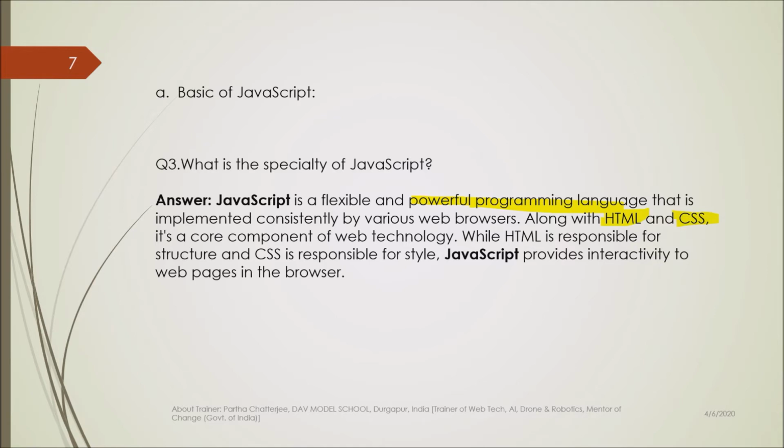CSS. Most of the CBSE students have completed HTML in their junior classes, even in class 11, and they have completed CSS also, so they know better what HTML and CSS are. JavaScript is one language which is very easily compatible and flexible with these web designing markup languages and cascading style sheet languages.